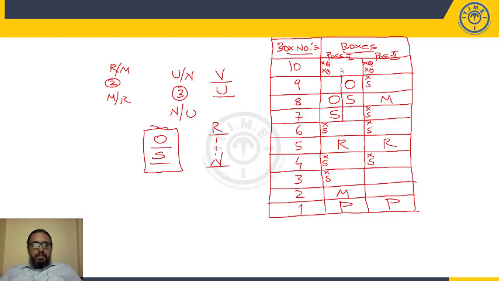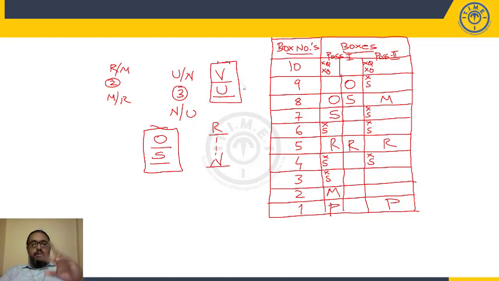Within the possibility one only, what I am going to do now is I am going to split it. I'll erase R, M, P like this. I'll split this. So I have R in the 5th here, then M in the 2nd and P in the 1st. Now here in this first column, where can I place V and U?